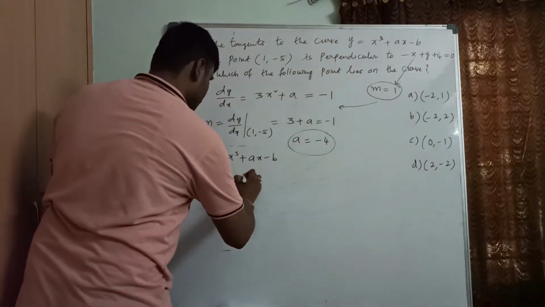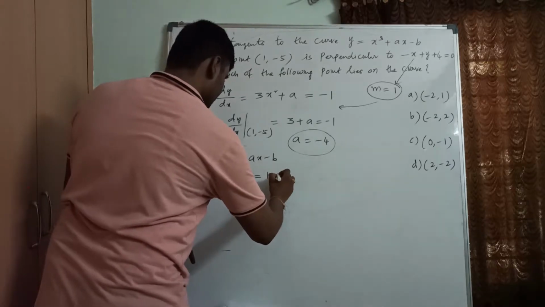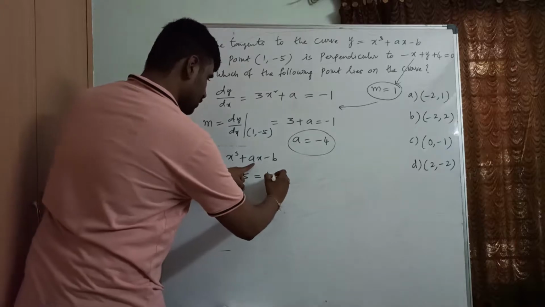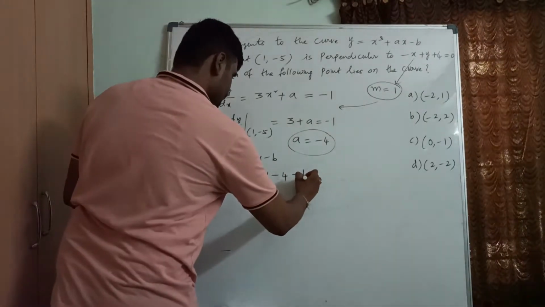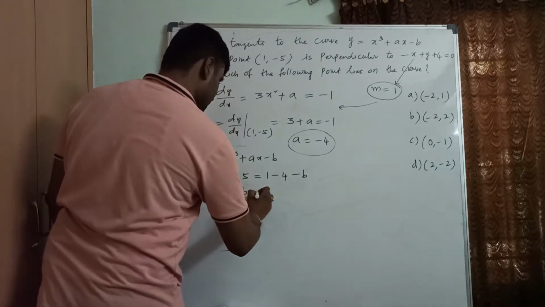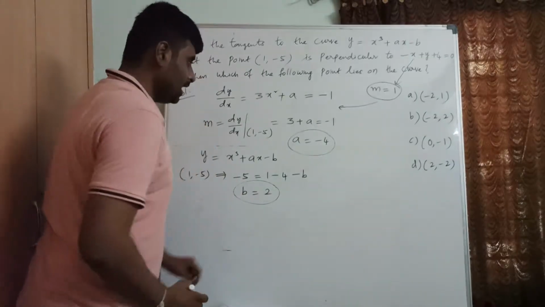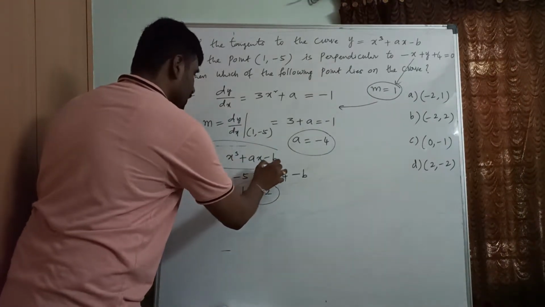So minus 5 equals 1 cube, 1, plus what is a? Minus 4. So minus 4 into x value 1, so minus b. So from this what will you get for b? Here minus 3 plus 5, 2. That's all. After getting the a value and b value, this curve will become original.